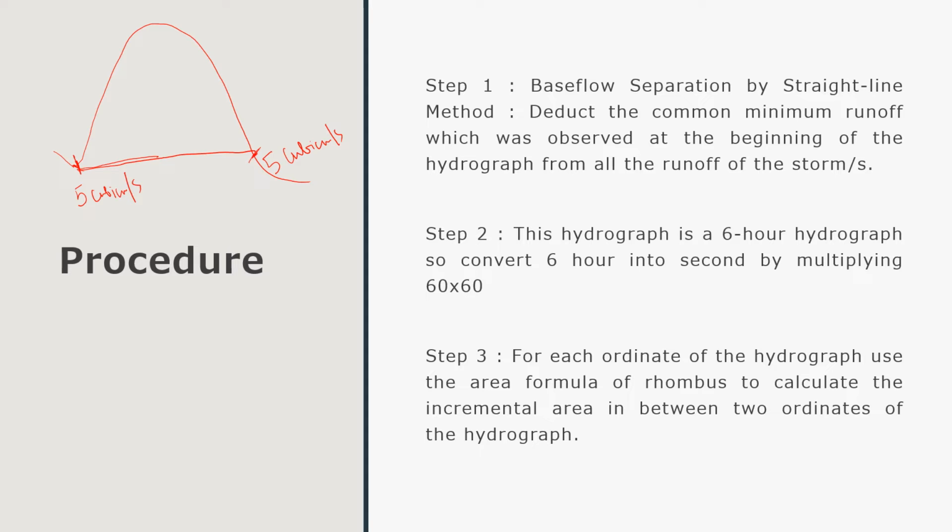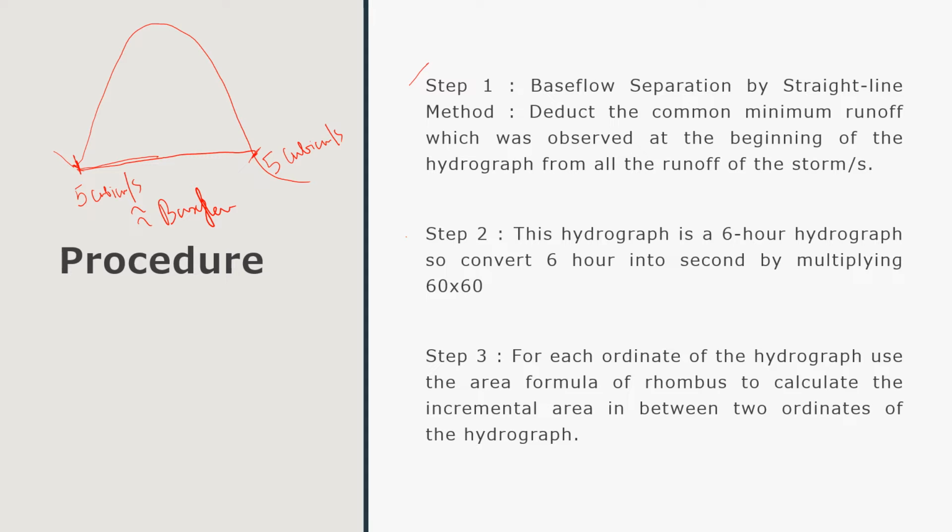So we assume that 5 cubic meter per second is the base flow. In the first step itself, you deduct this base flow from all the values of runoff you have. You can get the values of runoff from the columns of the table that I have shown you in the first slide. So this will be your first step.